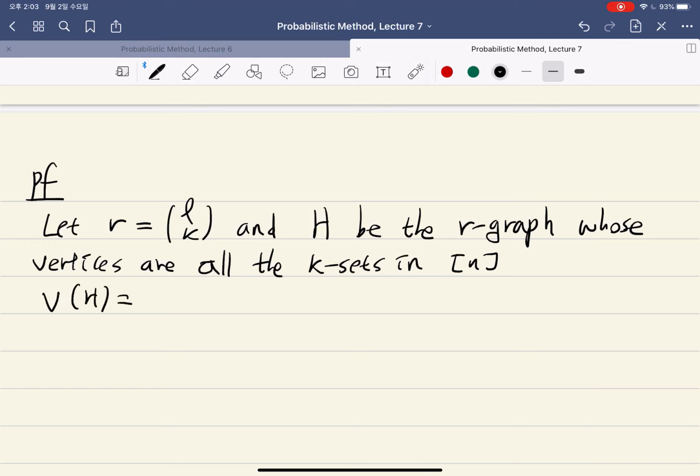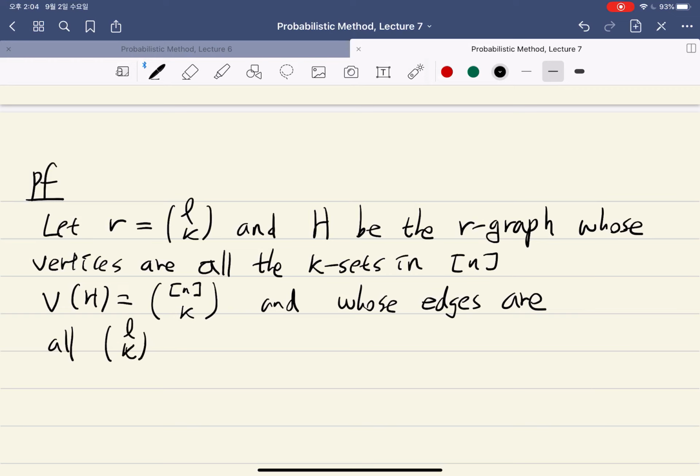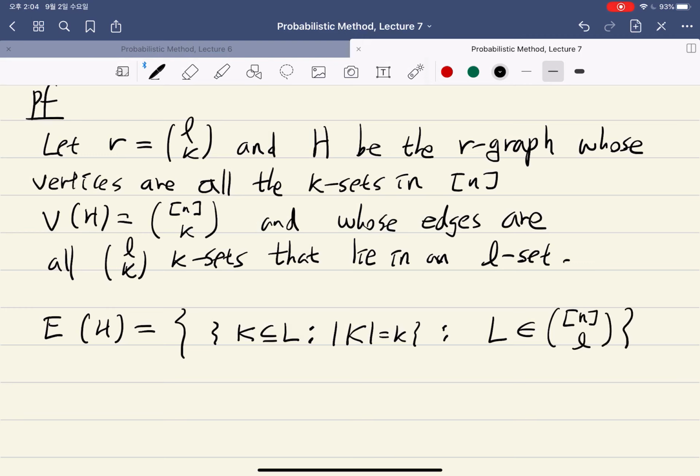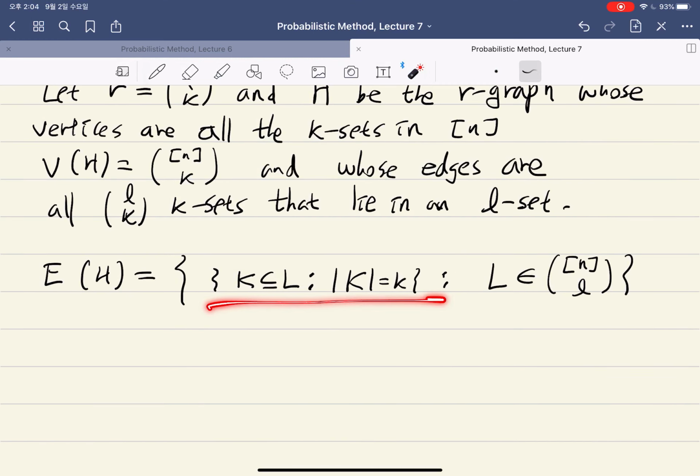In other words, the vertex set of H is the sets of size k in [n], and whose edges are all the l choose k sets that lie in an l-set. So the edge set of H is the collection of all k-sets in l, where it has size k, for every l-set. So each of these is an edge.